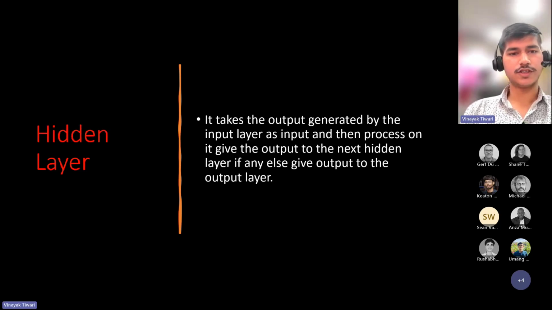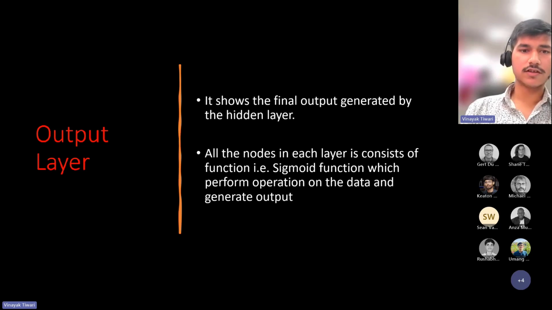It takes the output generated by the input layer, processes it, and gives it to the next hidden layer if there are any, or else gives it to the output layer. The output layer consists of the final output generated by all the hidden layers. It consists of the sigmoid function or another activation function.